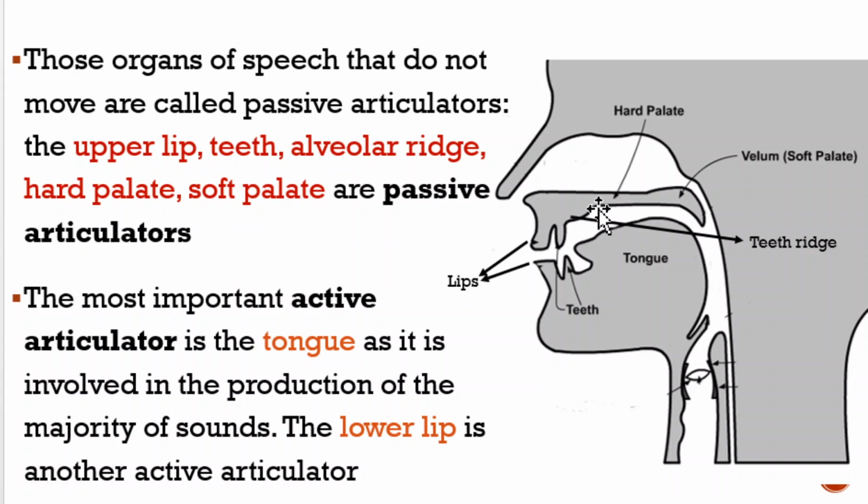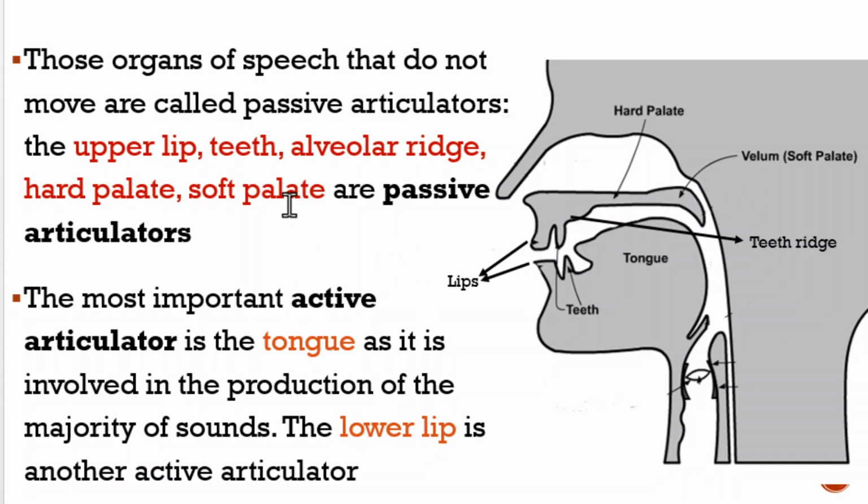Just after the teeth ridge, it goes on until about half, and that is the hard palate, which is hard if you feel it with your finger. And if you feel even beyond that, you will find it's a softer part. That's the back part of the roof, which is called the soft palate or velum.